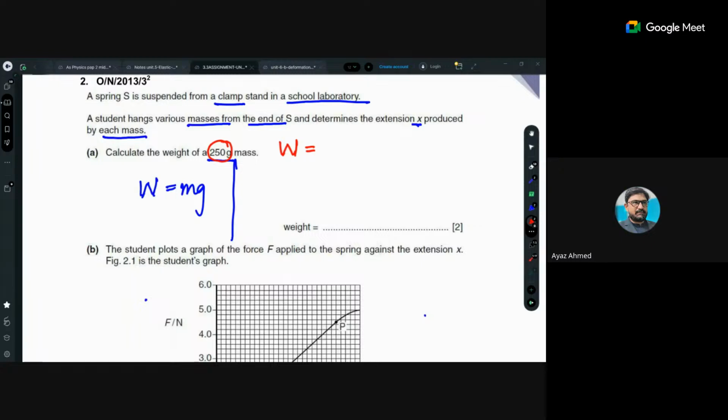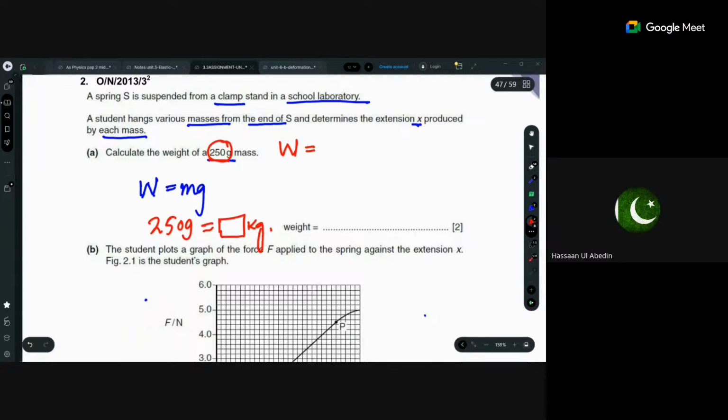So your 250 grams would be equal to how many kilograms? 250 grams will be equal to how many kilograms? Is it 2500? Is it 2.5? Is it 0.25? Yes.